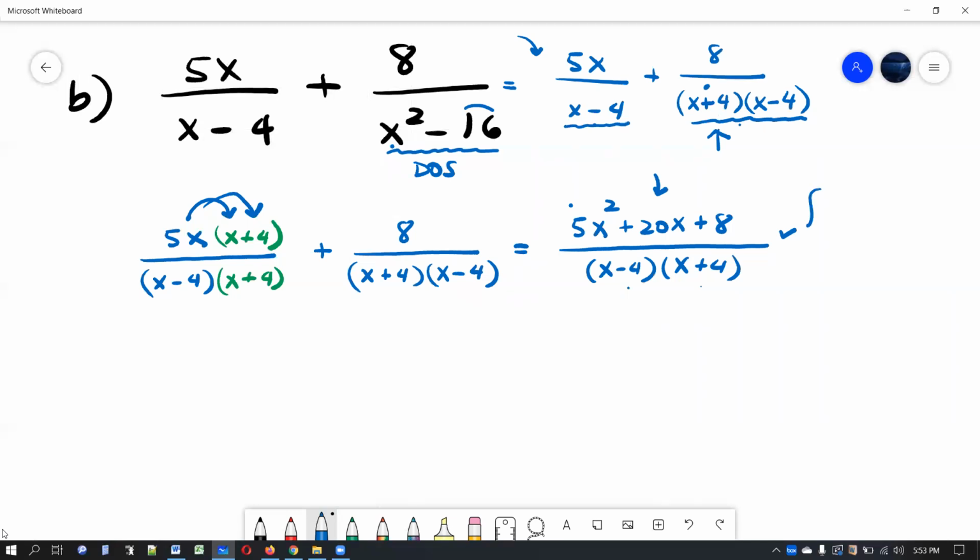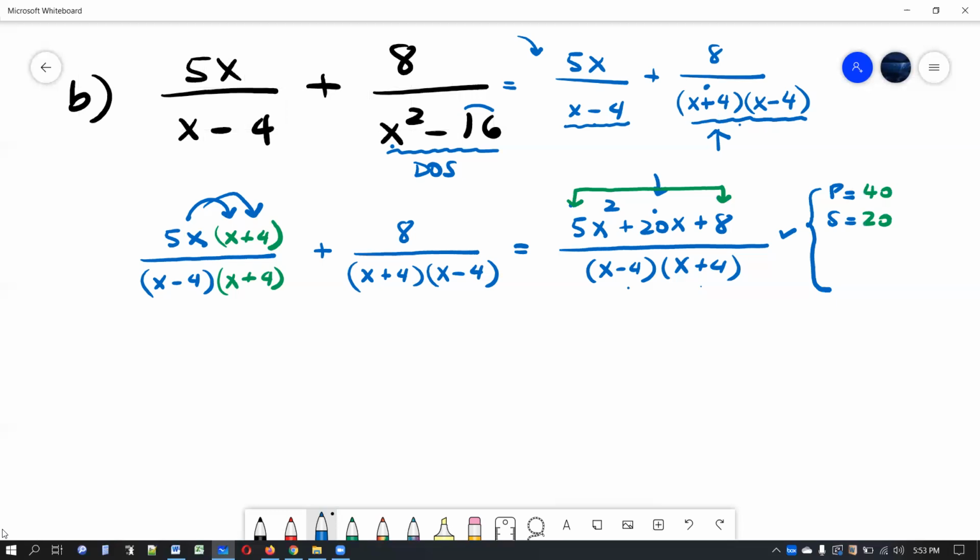I'm going to do this on the side. So I need a number for my product that is 5 times 8. And I need a sum that is equal to 20. I have to find out if I have such numbers.